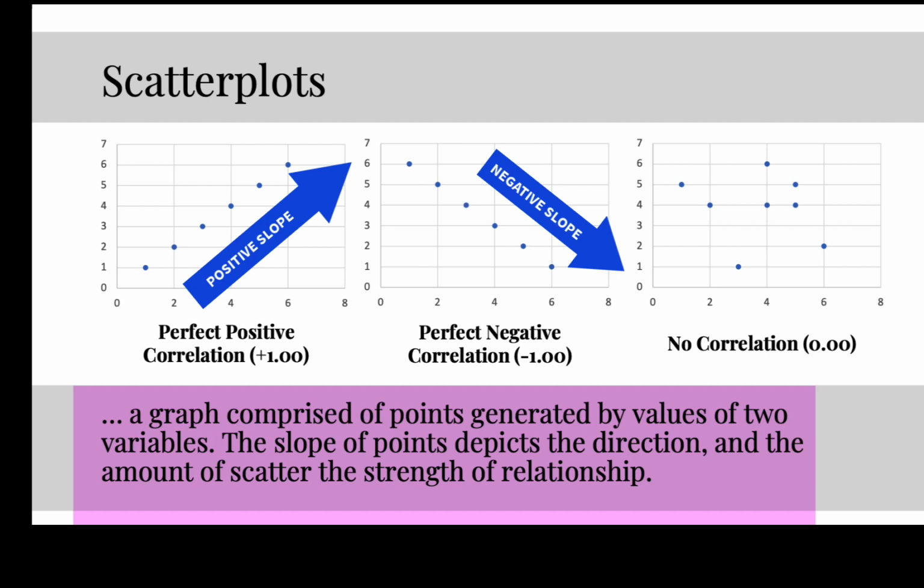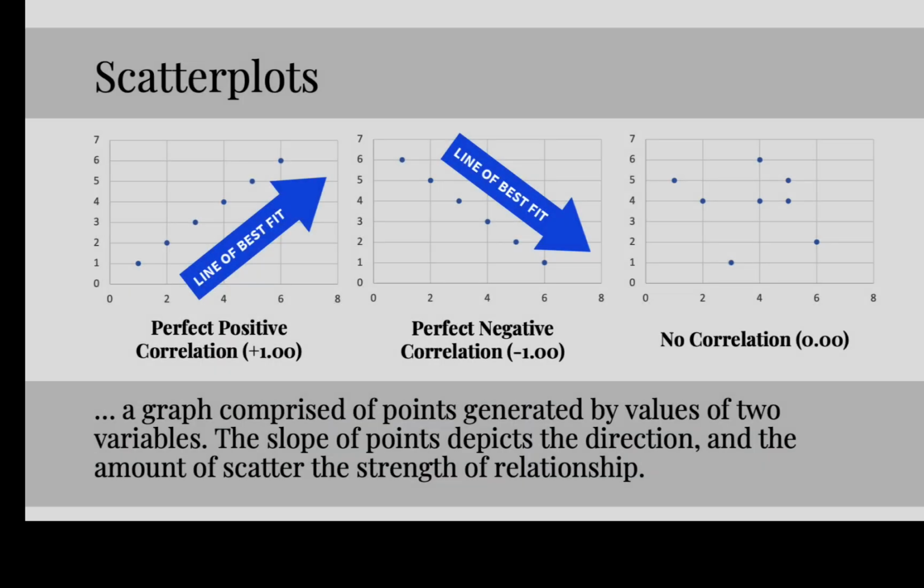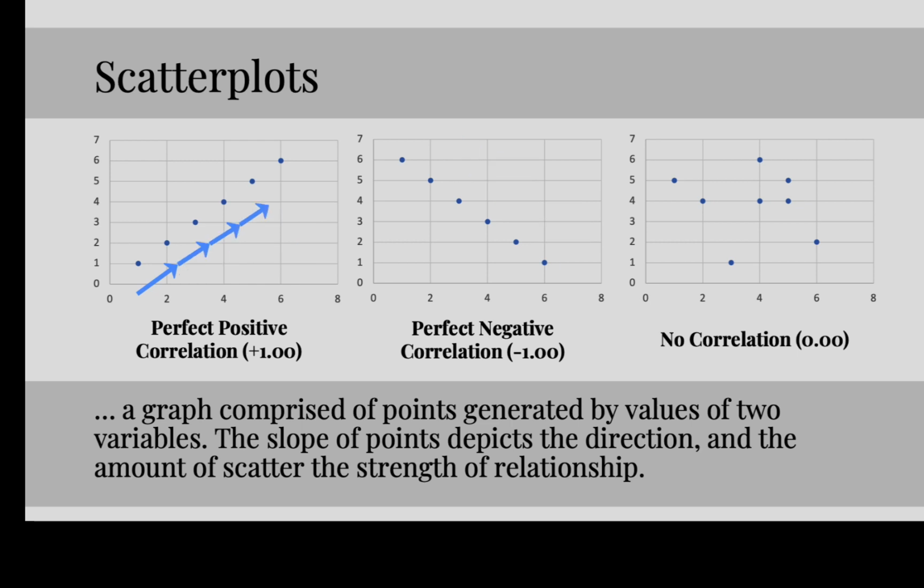The slope of the points, the line of best fit, shows you the direction, and the amount of scatter shows you the strength of the relationship. So over here, you see, it starts out low and it builds up, up, up, up, up.